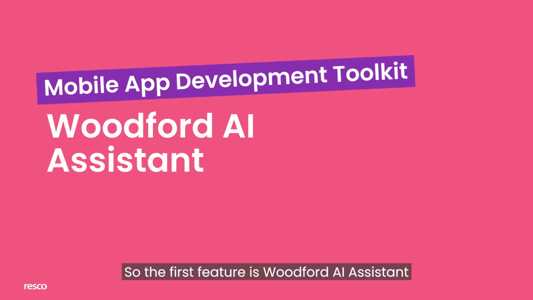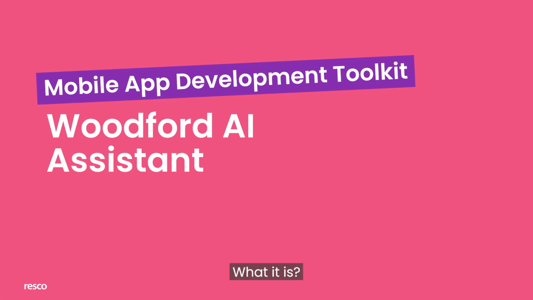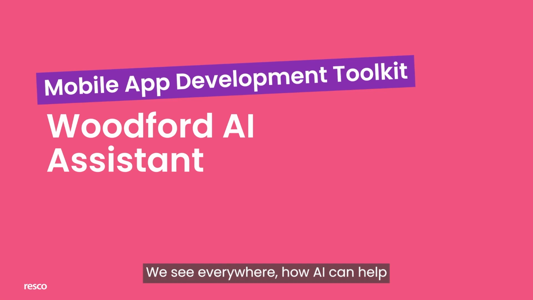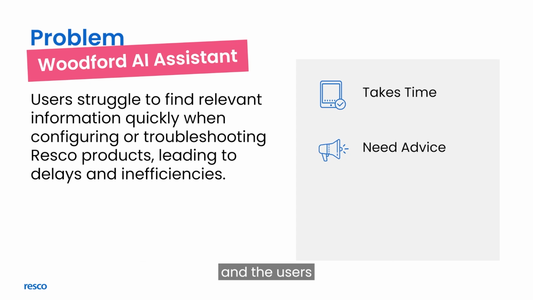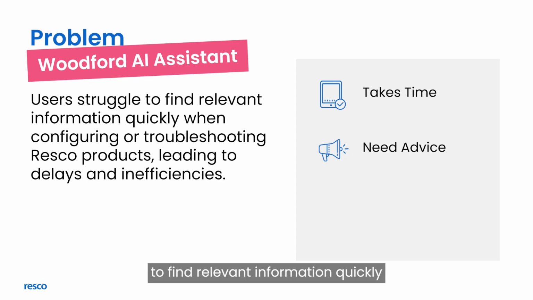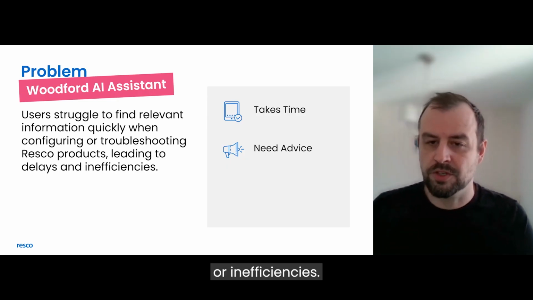The first feature is Woodford AI Assistant for the Mobile App Development Toolkit. We see everywhere how AI can help to boost the productivity of users. The primary problem of users using Woodford is a steep learning curve, and users usually struggle to find relevant information quickly when configuring or troubleshooting something, leading to delays, frustrations, or inefficiencies.